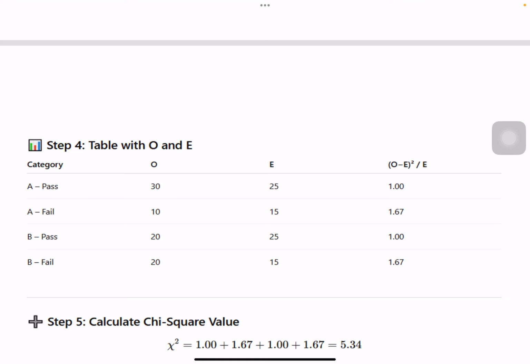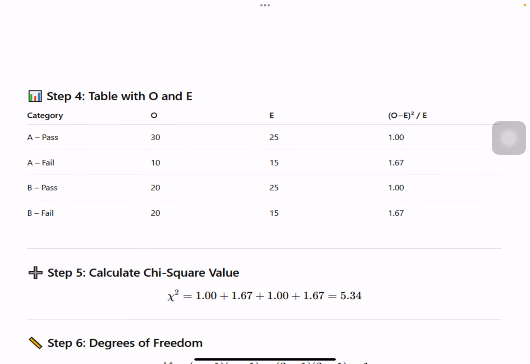Now we make another column, which is O minus E square divided by E. In this we divide the O minus E square by the expected frequencies. So it is 1.00, 1.67, 1.00 and 1.67.